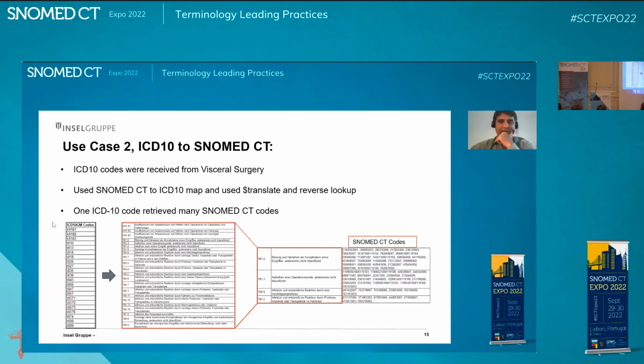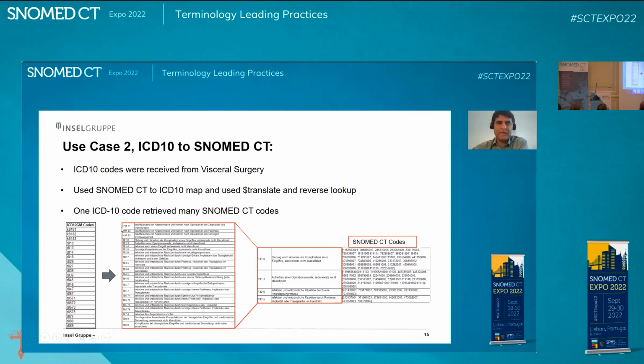The reason is that the granularity is different. ICD-10 has some grouped concepts that are not very specific, but in SNOMED CT they are very specific. We did it as a pilot project to see whether it retrieves positive results and whether we can use it.